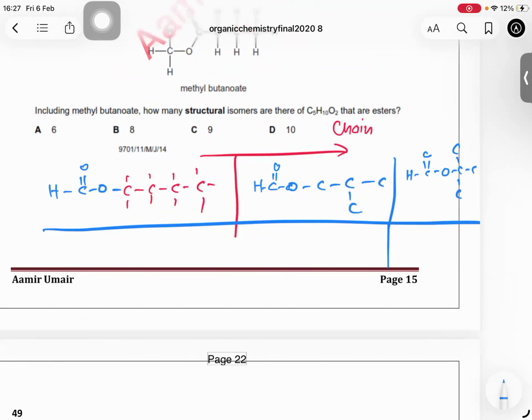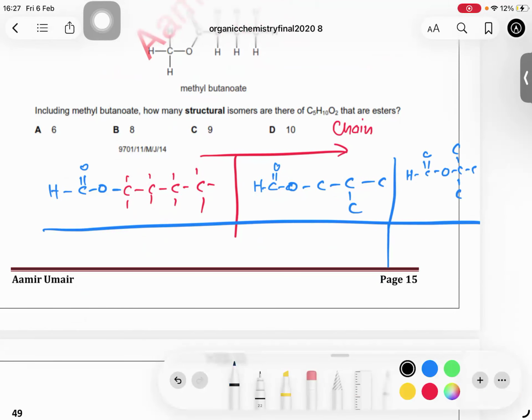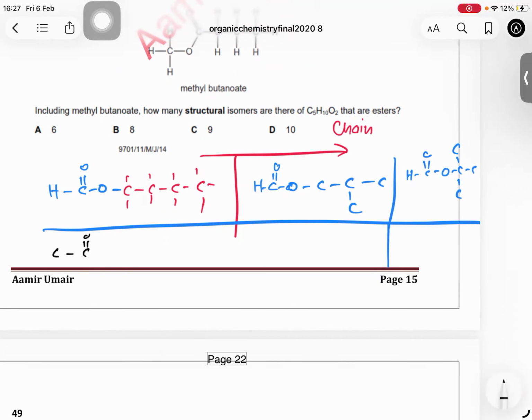Now let's shift them. So C double bond O, 1, 2, 3. There is also a possible chain isomer for this. So I'm going to put them like this. And there is also one possible for this again.